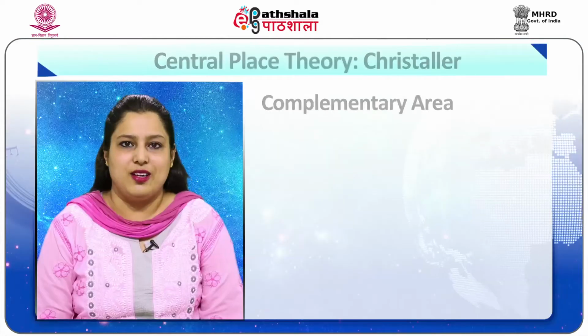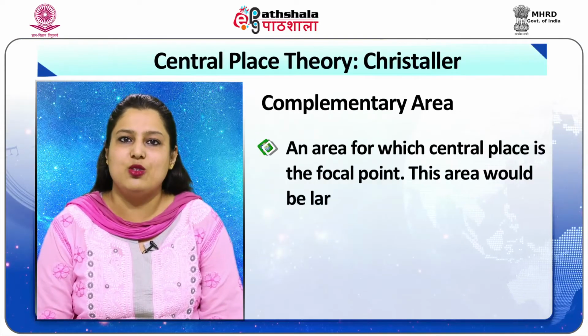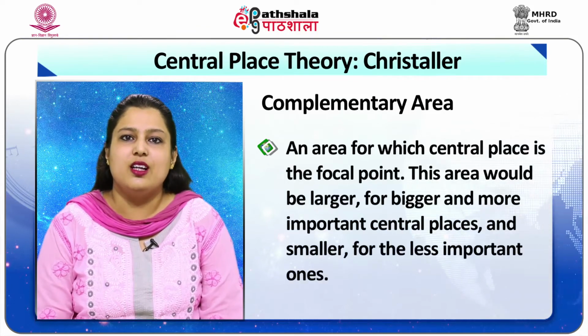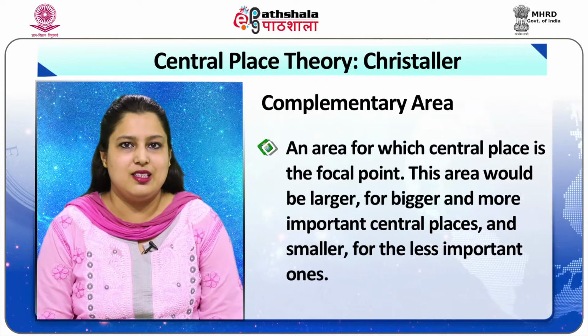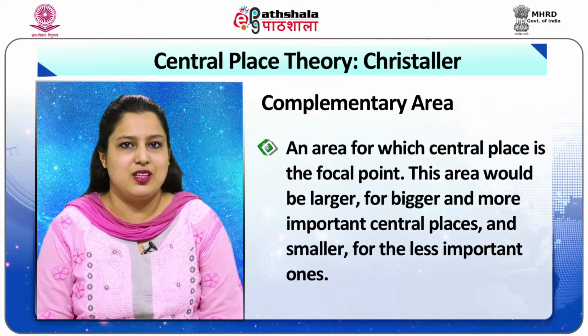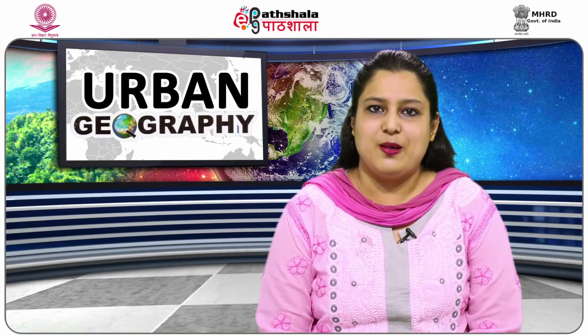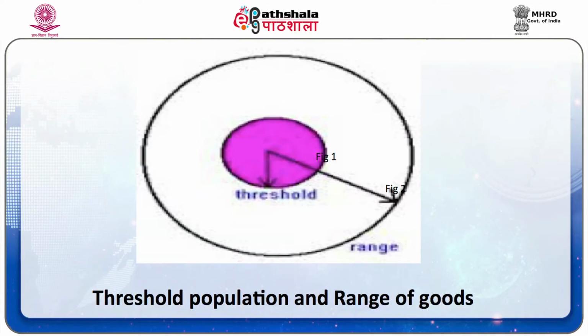complementary area. This is the area of which the central place is the focal point. This area would be larger for the bigger and more important central places and smaller for the less important ones. Another principle is threshold population. This is the minimum number of people required to support any goods and services outlet established at the central place, as shown in figure 1.